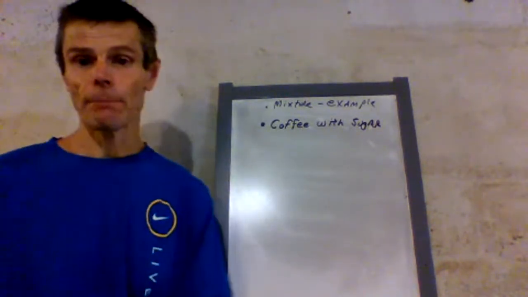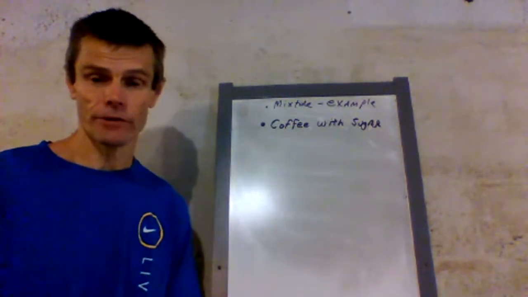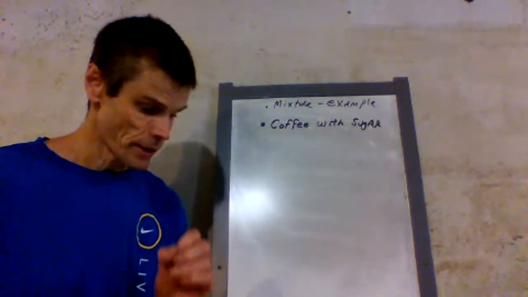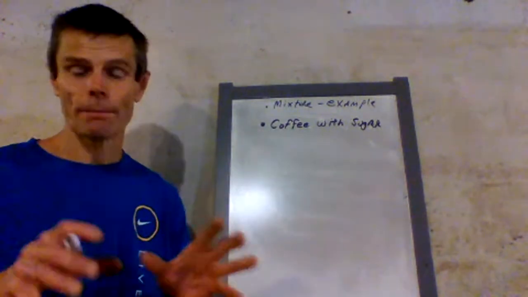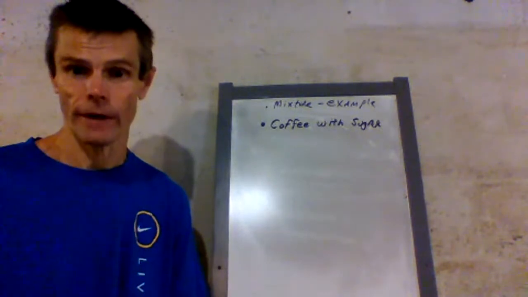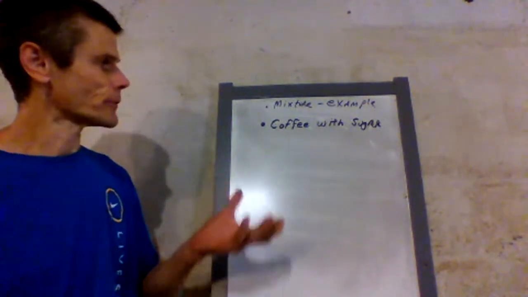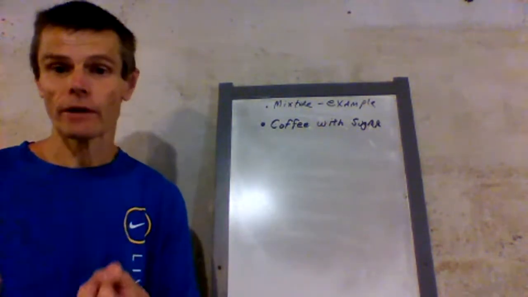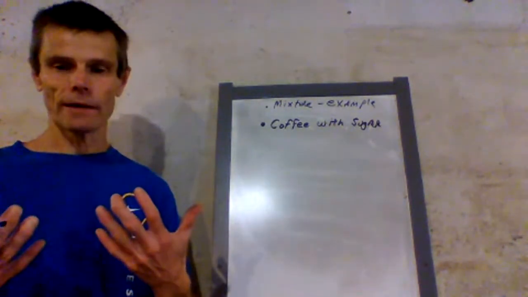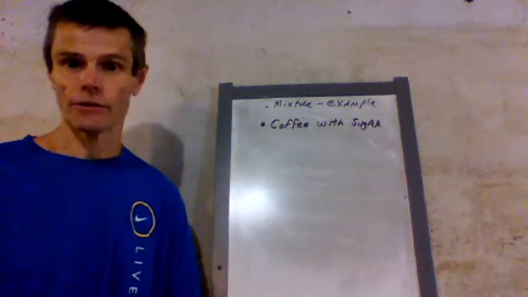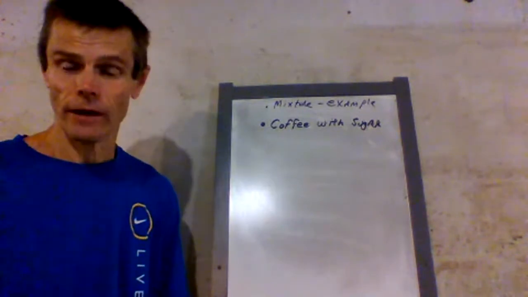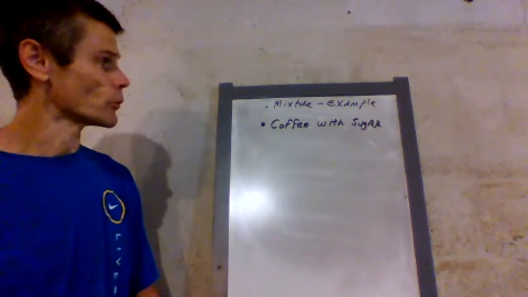One person might make their coffee sweeter than another person. One person might like their coffee stronger than another person. So they do have variable composition depending upon who made the coffee or where you bought your coffee at. Also, the different components retain their unique properties. Coffee has caffeine, which keeps us awake, and it also has sugar that tastes sweet. So those are examples of a type of mixture that we might be familiar with, coffee.